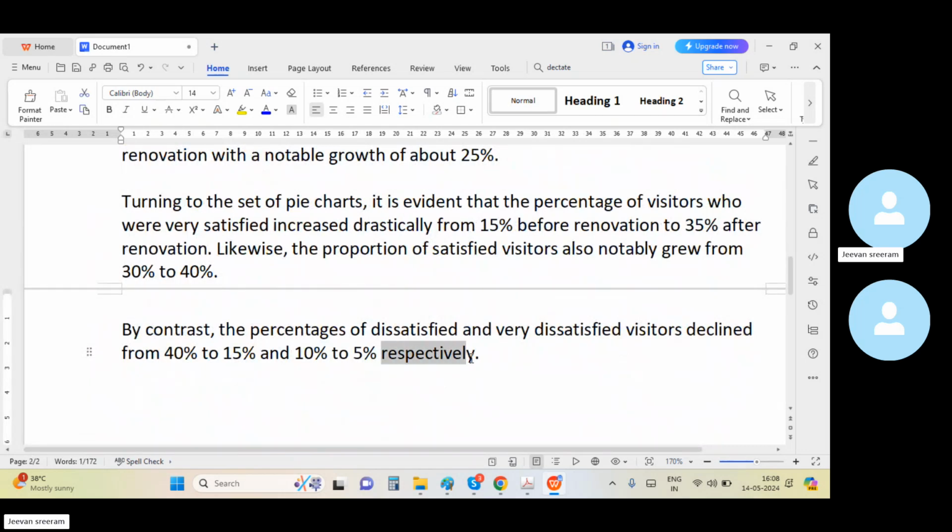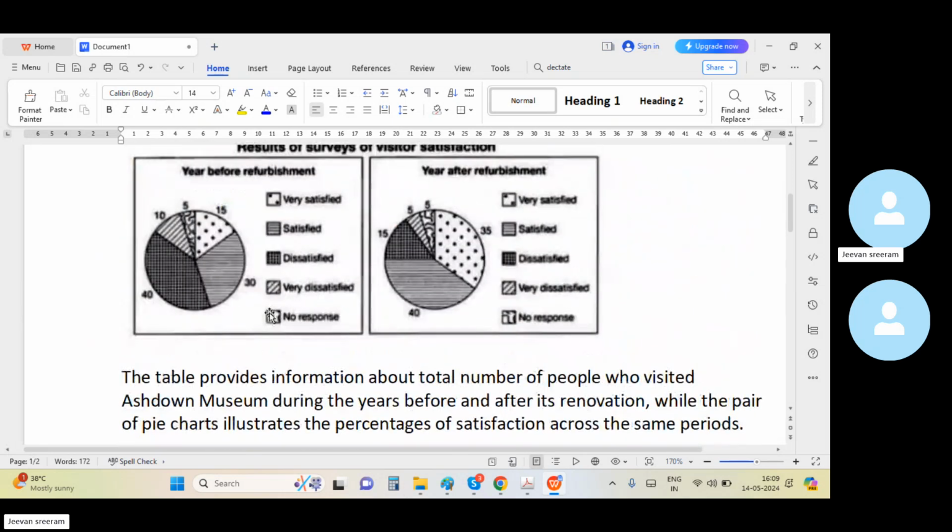So respectively is the word I have used to join two ideas in the same sentence, to talk about two figures, two changes in the same sentence. Finally, till very dissatisfied, we have an advantage. These are a combination of adverb and adjective, so they can be placed just before the noun phrase which each sentence starts with.